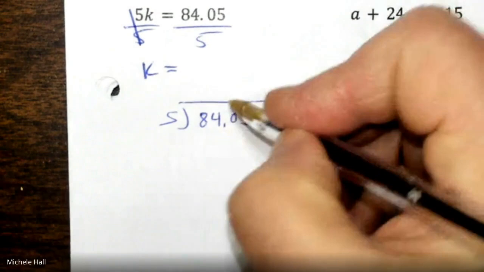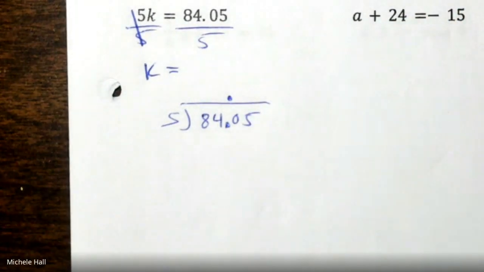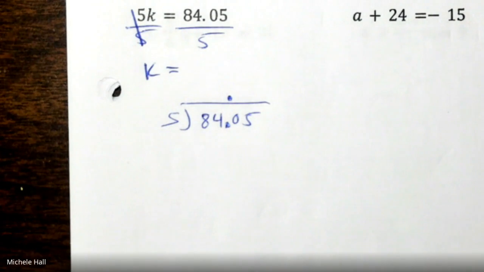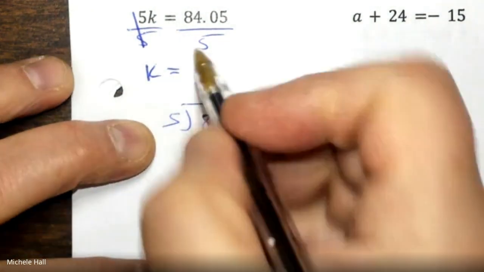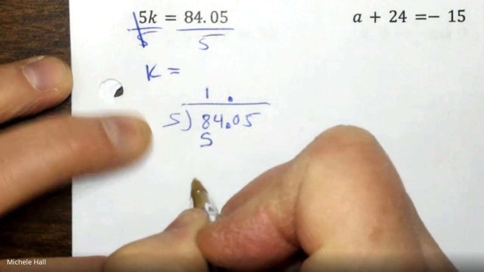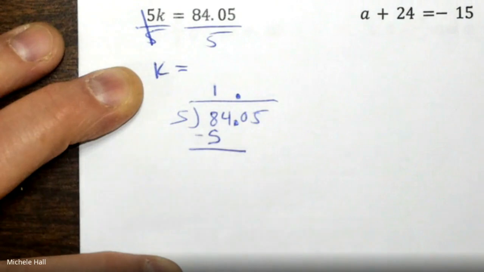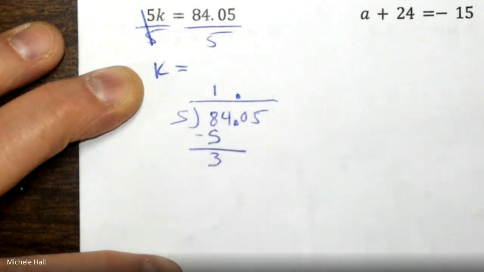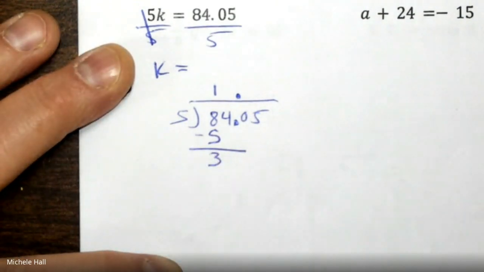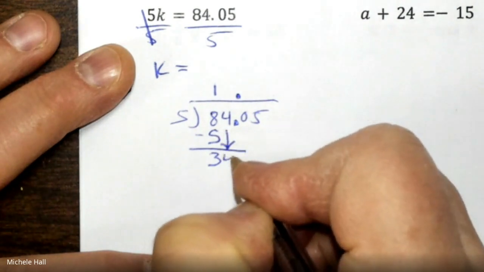I'm going to bring my decimal right up in my answer then. Bring it straight up. How many times does 5 go into 8? Once. 1 times 5 is 5. And then I subtract. 8 minus 5 is 3. Now I bring down the next number. I bring down the 4.